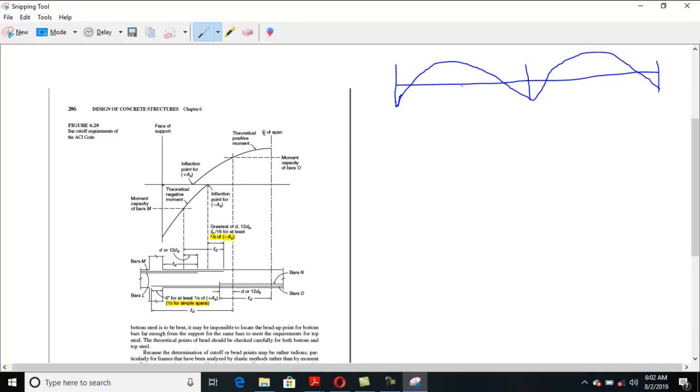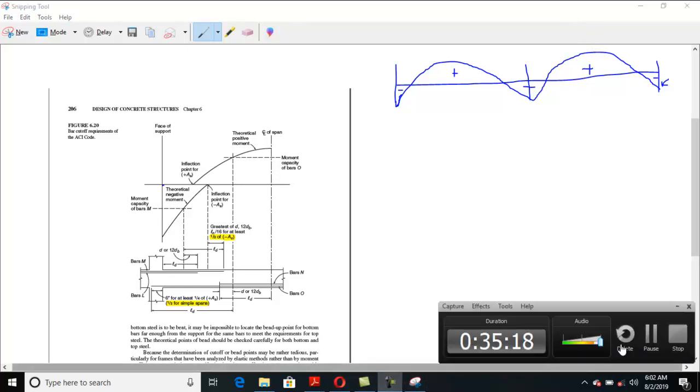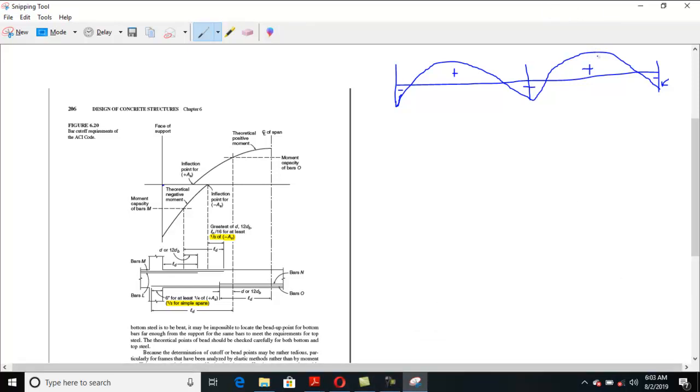This kind of moment diagram. This is positive, this is negative. These both are negative, this is positive, this is negative. Clear? This is the maximum negative moment, and this is the maximum positive moment point. Clear? This is the maximum positive moment, and this is the maximum negative.